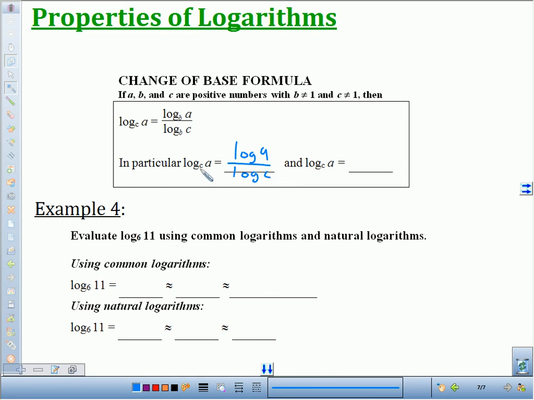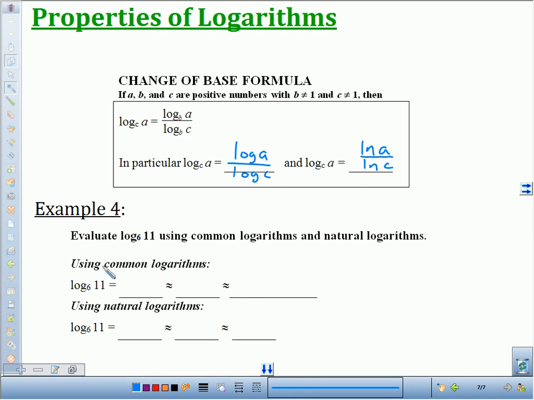The old base is on the bottom, the big number is on the top. That looks like a 9. Let's make it look like an A for all the people that aren't listening to this. If I have log base c of a, this could also be the natural log of a divided by the natural log of c. And this will work out either way.